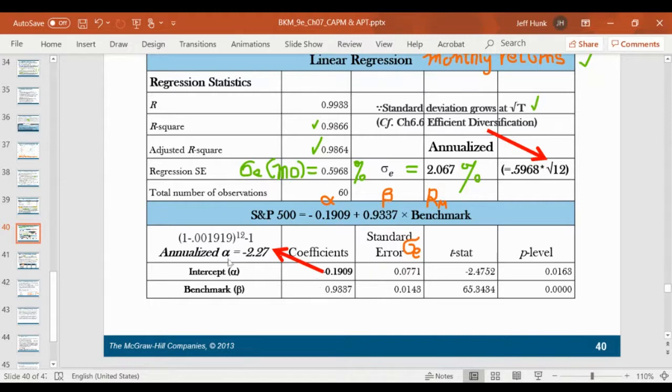If you annualize it, we know how to annualize it: 1 plus r raised to 12 minus 1, geometric average, right?